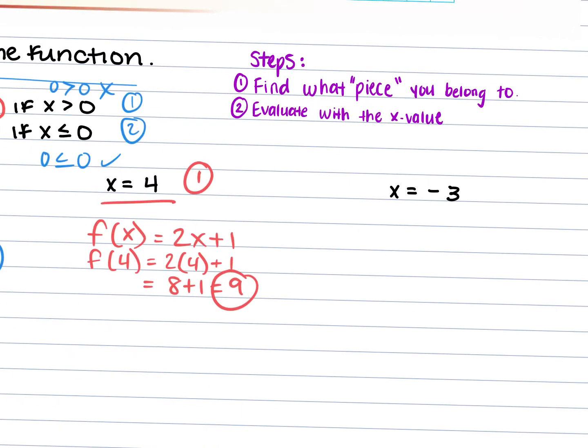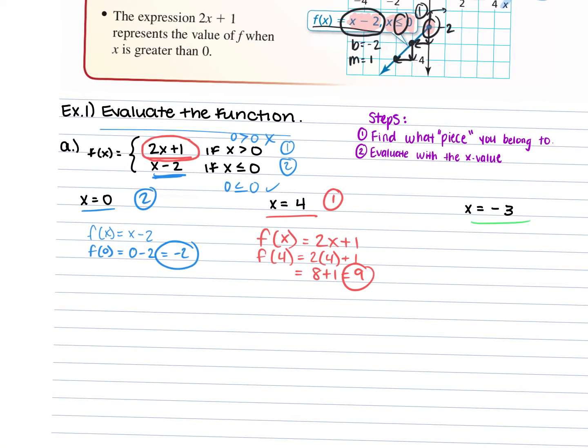Okay, if x was equal to -3, which of those two pieces, piece 1 or piece 2, would -3 belong to? Alec? 2. Very good. Why? Good. -3 is less than or equal to 0. Excellent. So it belongs to piece 2.